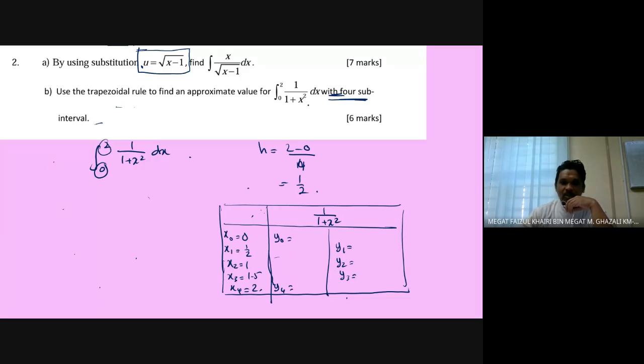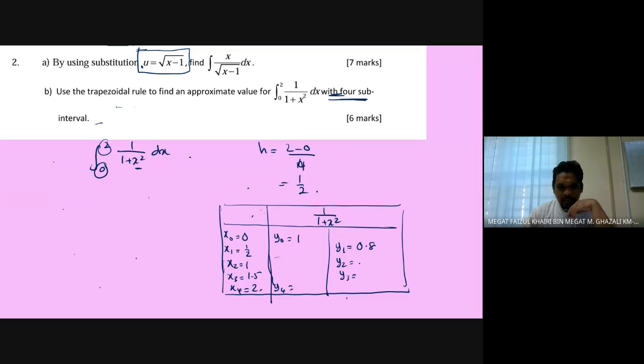So substitute x with 0. x equal to 0, 1 divided by 1 equal to 1. When x equal to half, half squared is 1 over 4, 1 plus 1 over 4 is 5 over 4, 1 divided by 5 over 4 is 4 over 5 or 0.8.